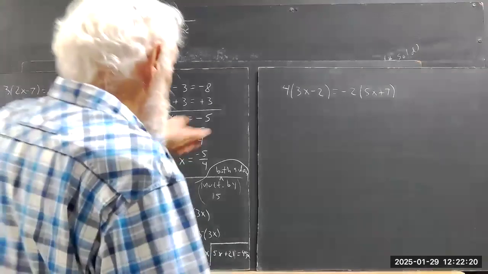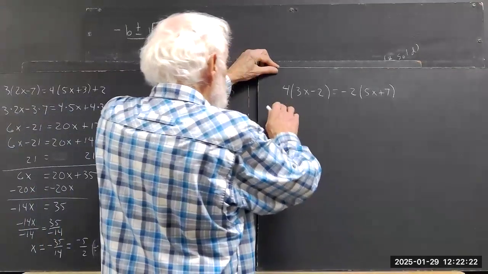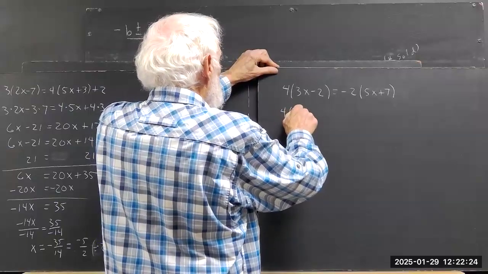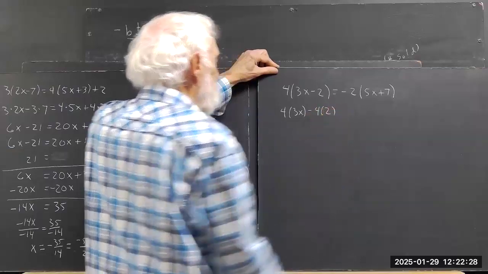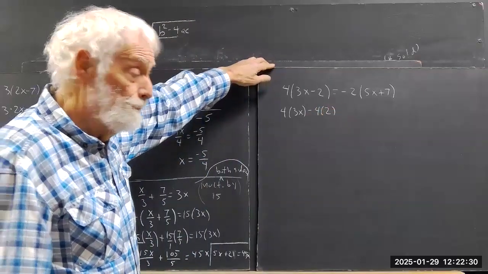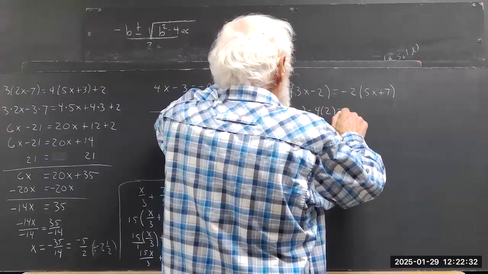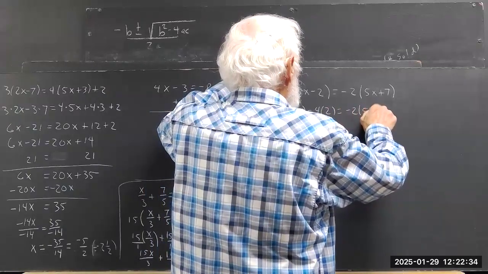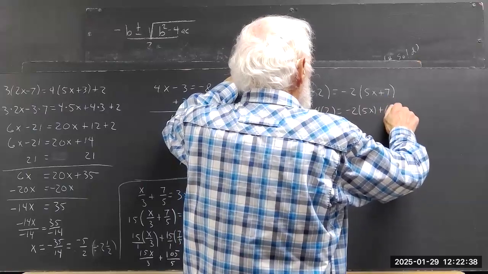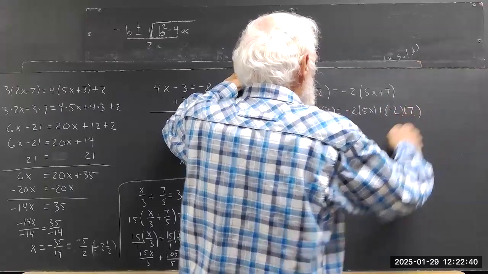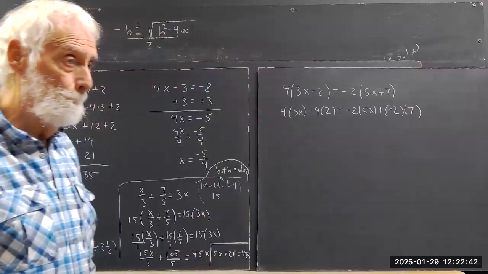Let's go ahead and work out this one-minute problem. Okay, this is going to give me 4 times 3x minus 4 times 2. This is going to give you negative 2 times 5x plus negative 2 times 7.